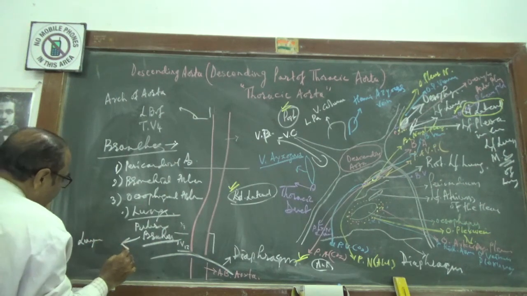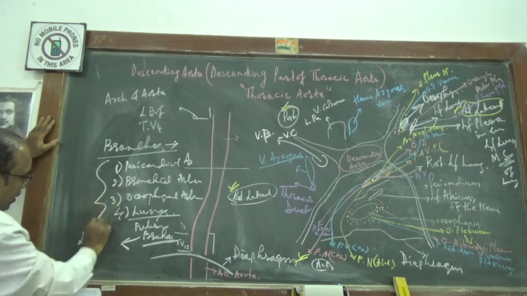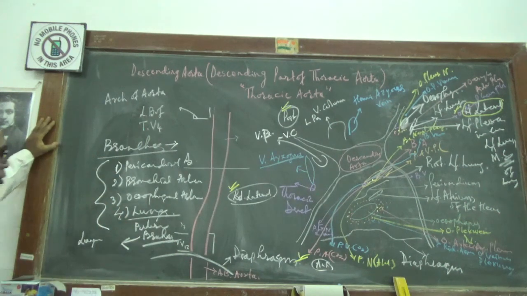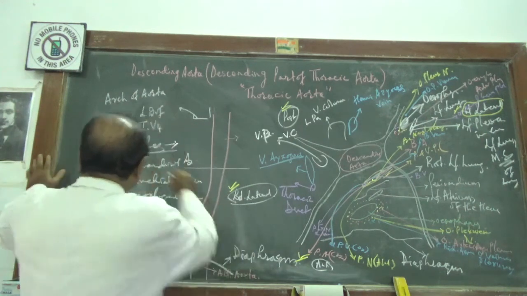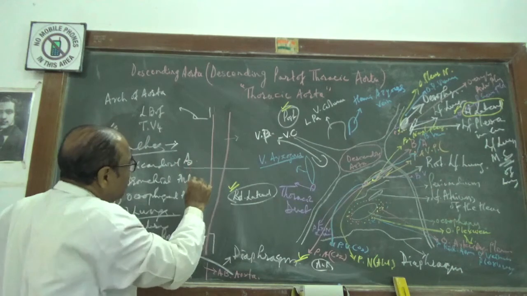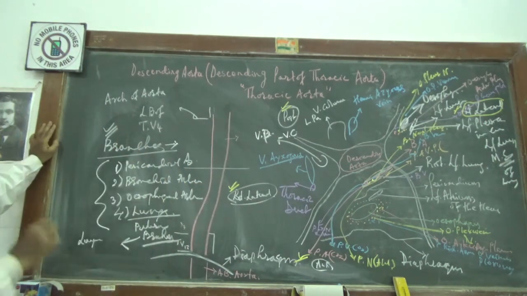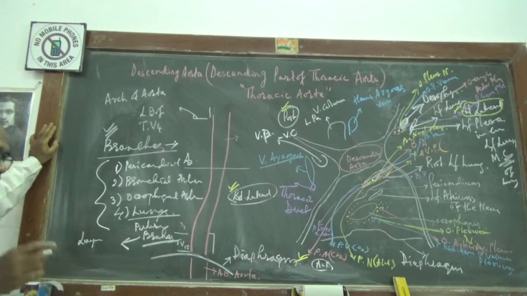So with this, these are the main things you will get. Now the question is why one must know this. Because this descending part of the thoracic aorta will supply whatever mediastinal structures are there.